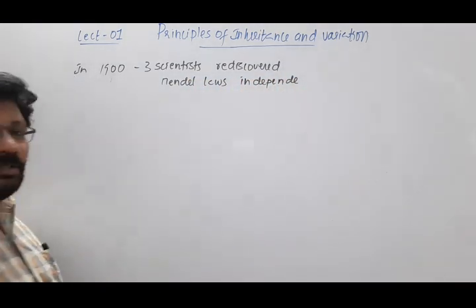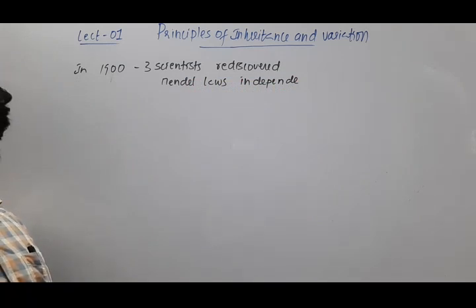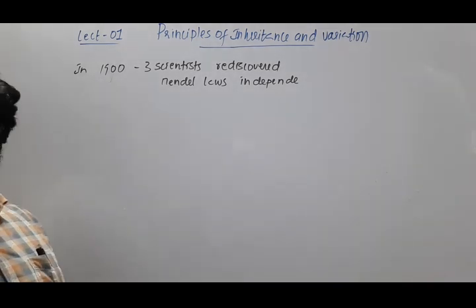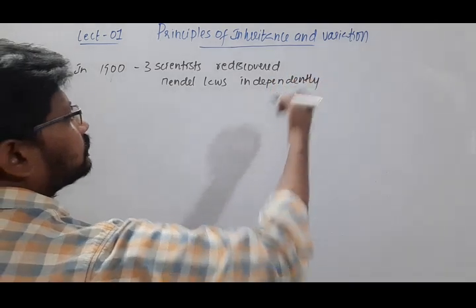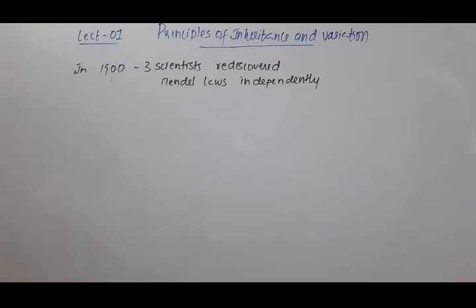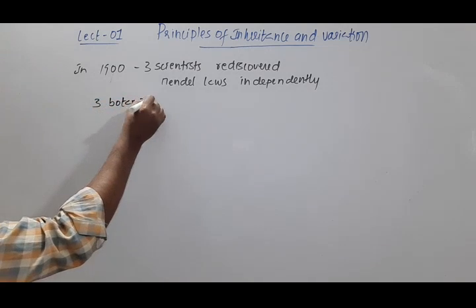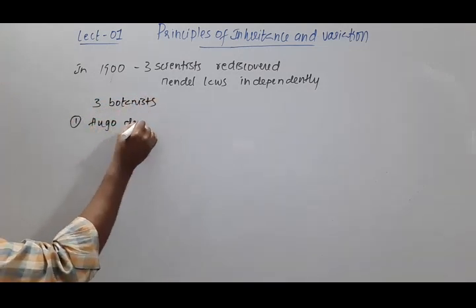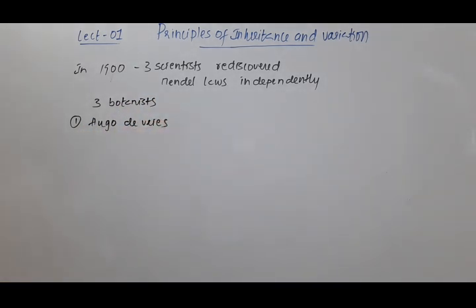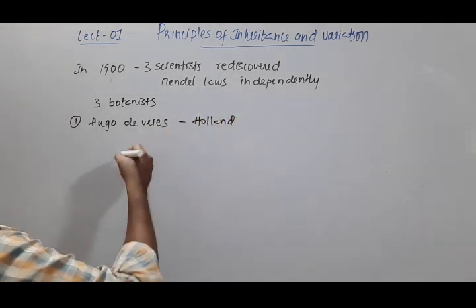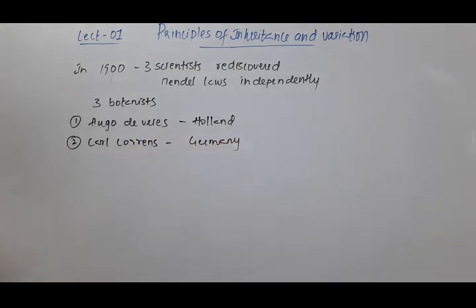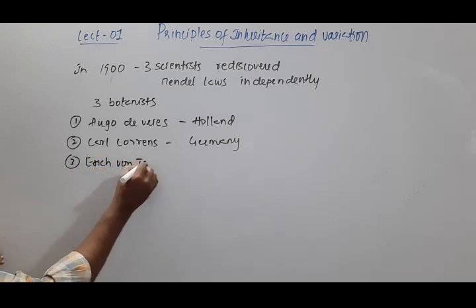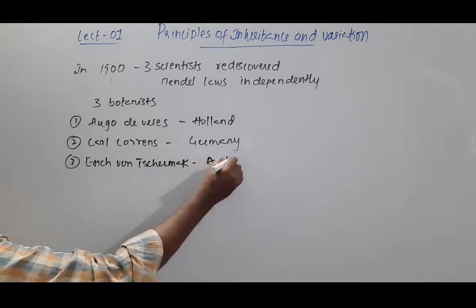These three scientists did not do those experiments together; they worked separately, and they found that their findings were similar to Mendel's. These are three botanists: Hugo de Vries from Holland, Carl Correns from Germany, and Erich von Tschermak from Austria.